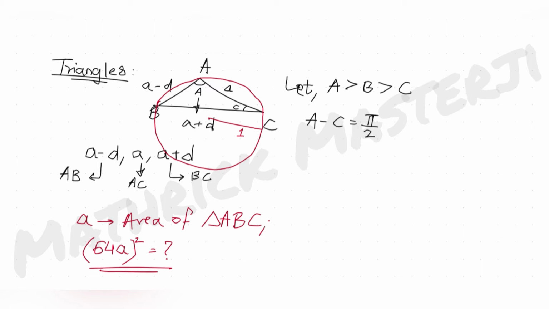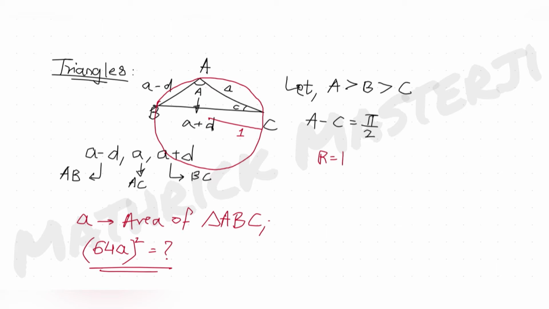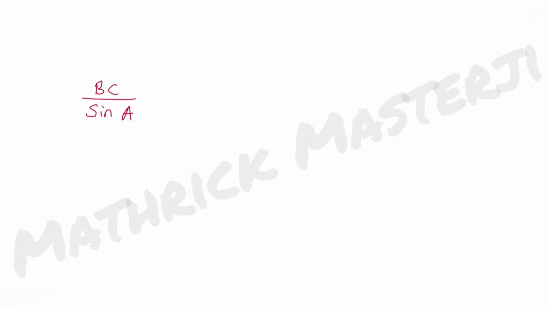If I first apply the sine rule here, I can write BC over sine A, because the opposite side of angle A is BC. Then for angle B, the opposite side is AC, so AC over sine B is equal to AB over sine C. And that is equal to 2R, because the three vertices of the triangle lie on the circle.